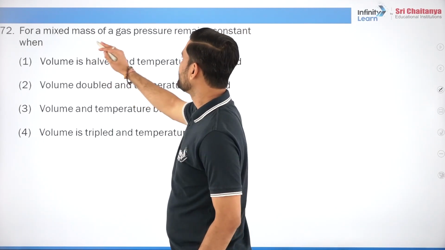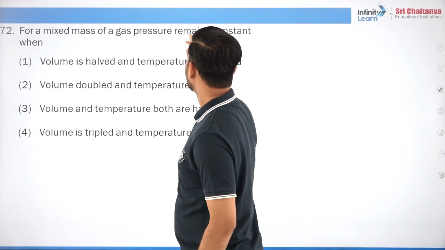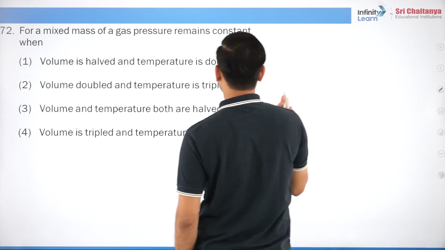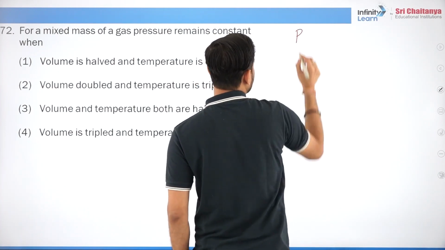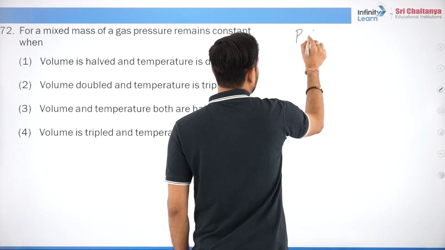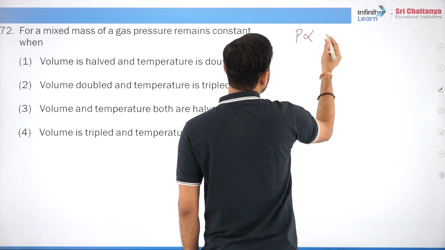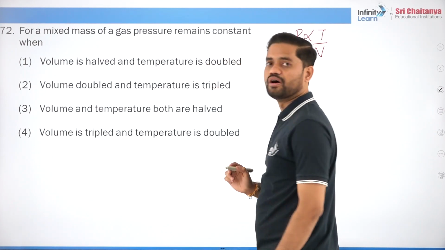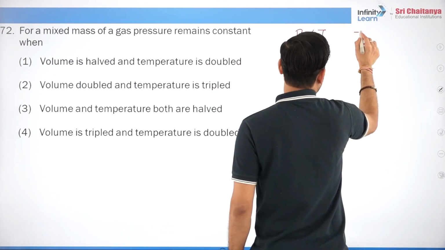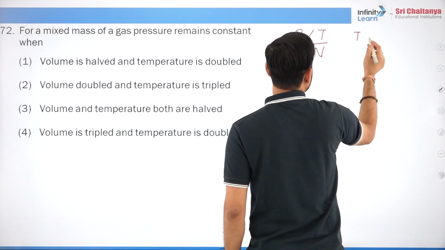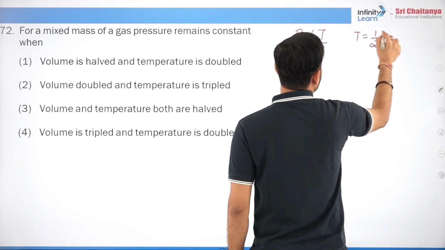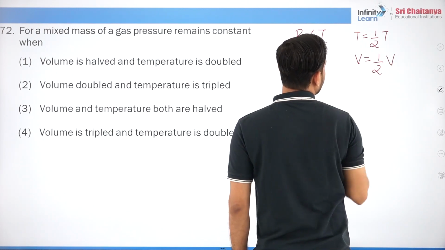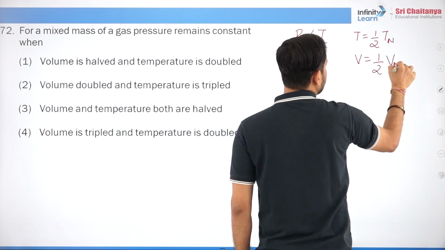For a fixed mass of gas, pressure remains constant when? For a fixed mass of gas, that means mass is fixed and pressure remains constant. First of all, you should know according to the equation, pressure is directly proportional to temperature but inversely proportional to volume. Now what I'll do is decrease this temperature by half, and even decrease this volume by half. So this is the new one, right?